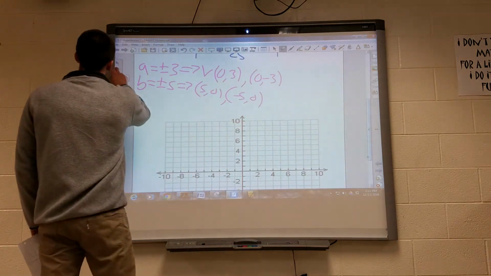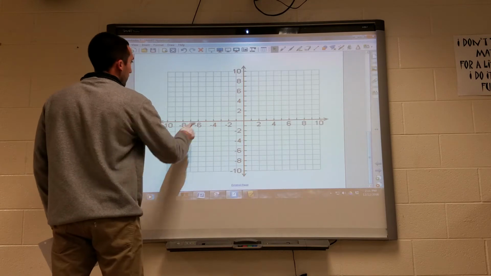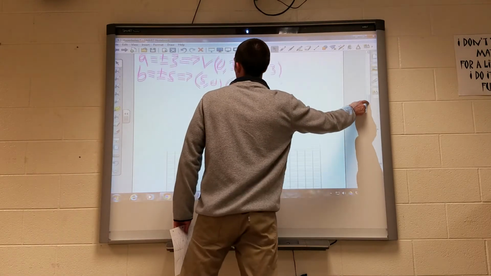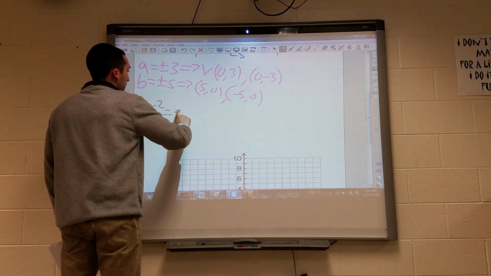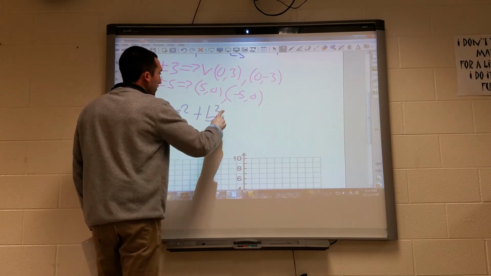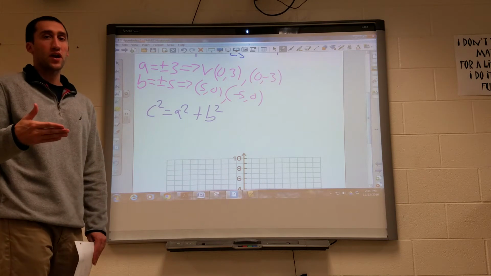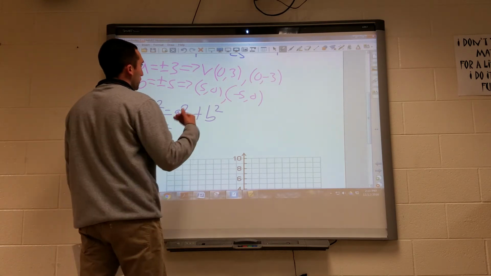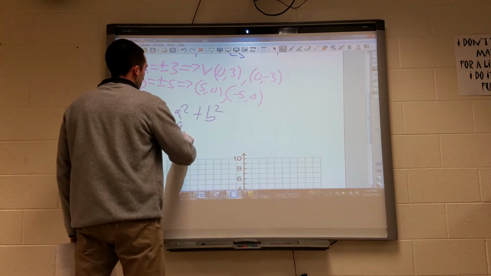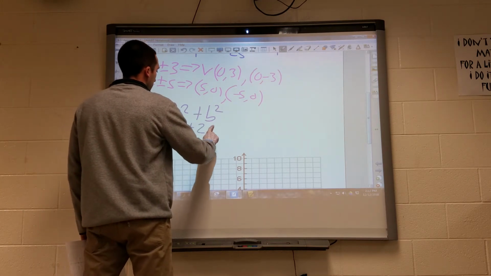Okay, then I'm going to want to find my foci. So to find my foci, I know c squared is equal to a squared plus b squared. Remember, it's a plus now because we're talking about hyperbolas. So my c squared is equal to a squared, which was 9, plus 25.